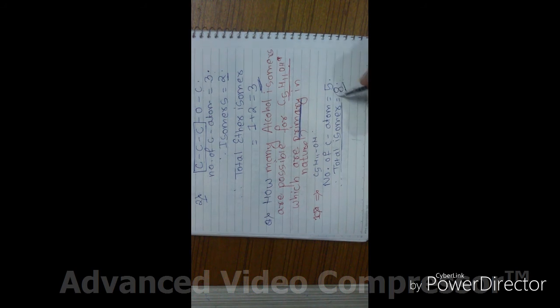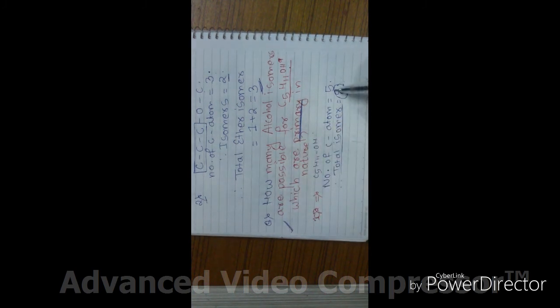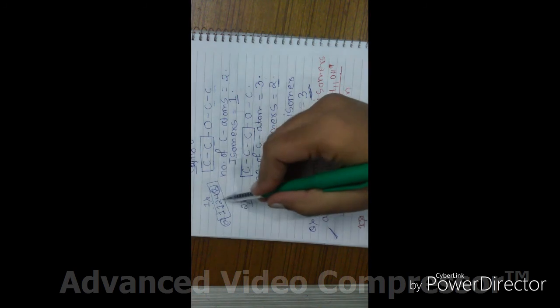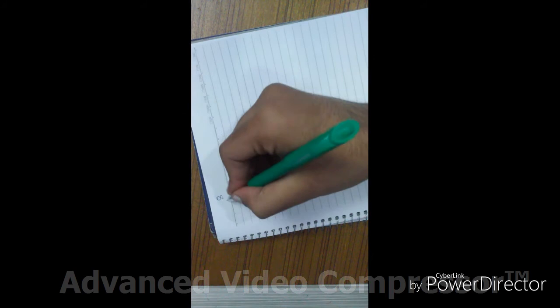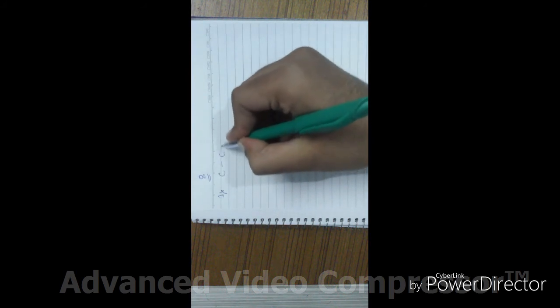Now you have to write down the structure of the carbon atoms if this question is asked. Otherwise you can calculate very easily by this rule. For this question you have to write down the structure. So 8 isomers are present. The first isomer: 1 2 3 4 5.